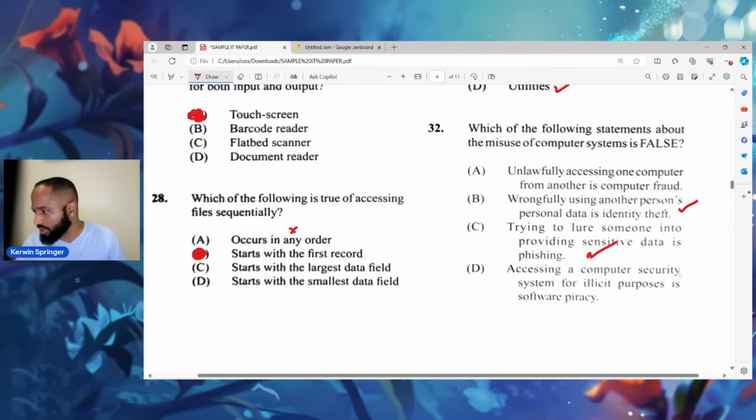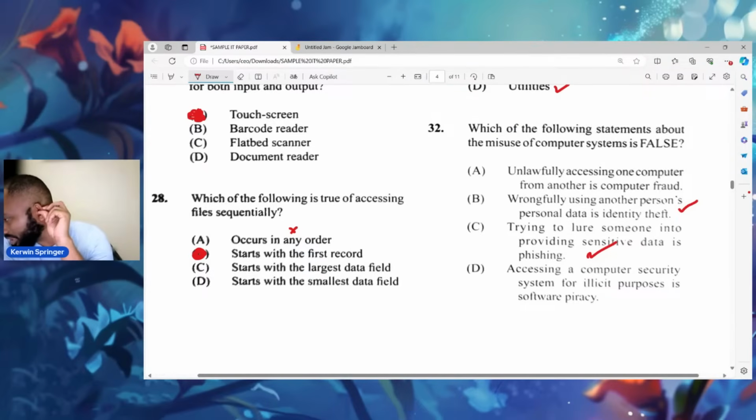Accessing a computer security system for illicit purposes is software piracy. That is not software piracy. Software piracy is when you download. What is really going on here? So what's the difference between software piracy and computer fraud? So B and C are correct. Those two names mix up.